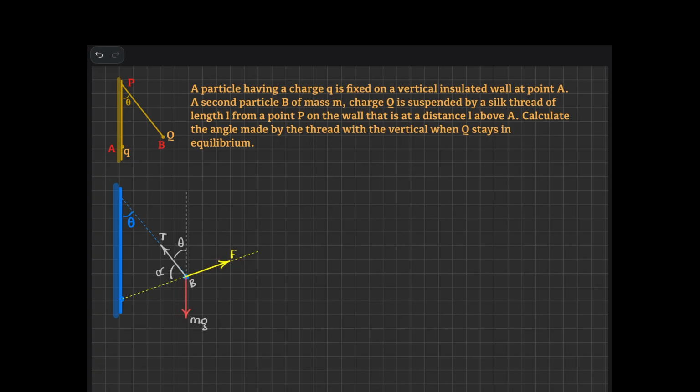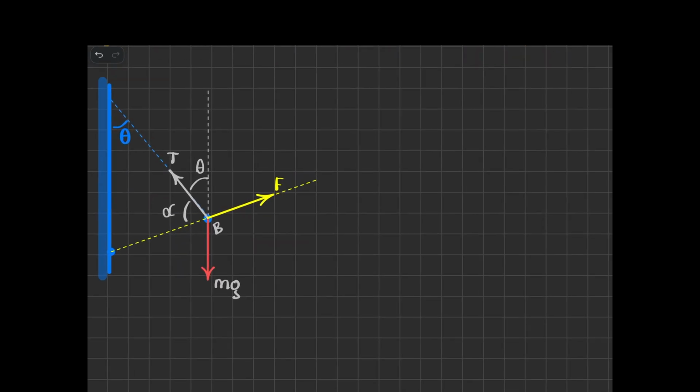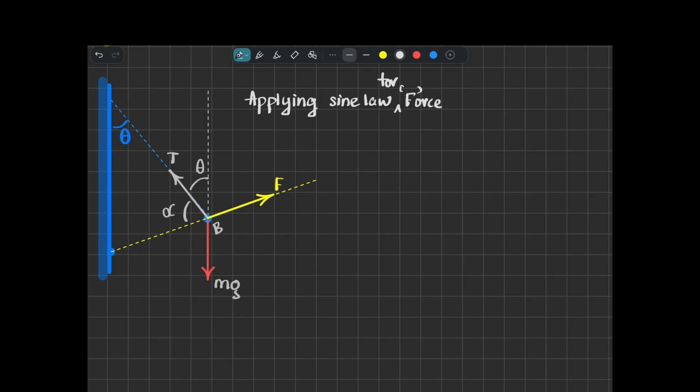Now let's try to solve the problem. To solve it, first we are applying sine law, but sine law for force. So what does that mean?